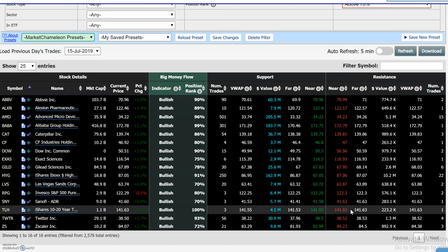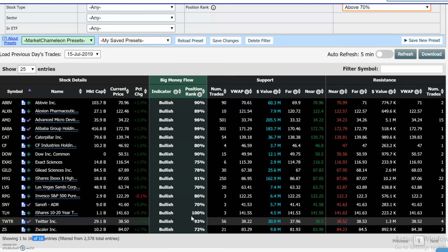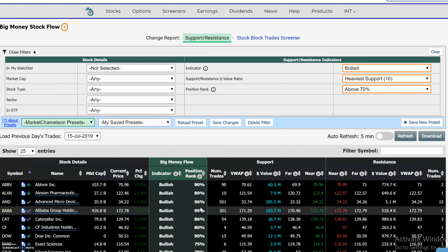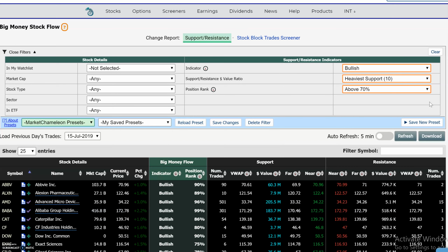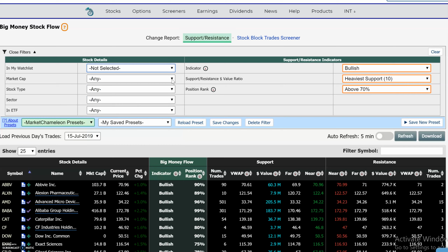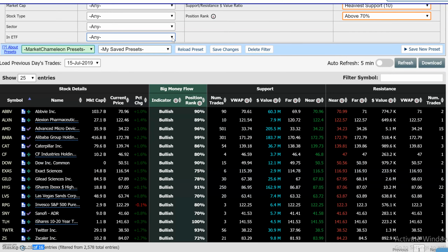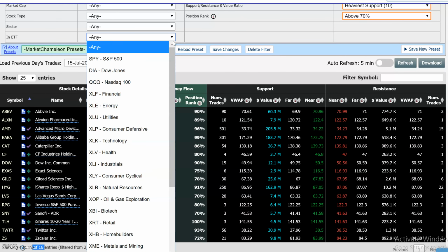So this keeps narrowing down to the most bullish trades happening that are identified as the big money stock flow, and obviously vice versa. You can use these filters to go to the bearish side. You can also filter by anything in your watch list, by market cap, stock type, sector, or stocks that happen to be members of a particular ETF.